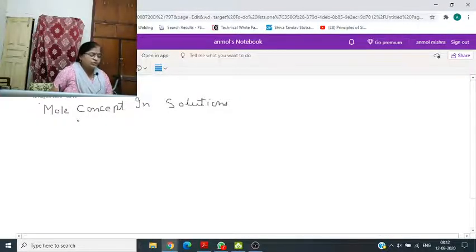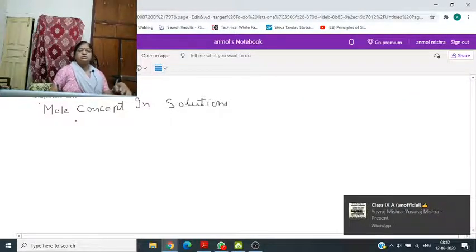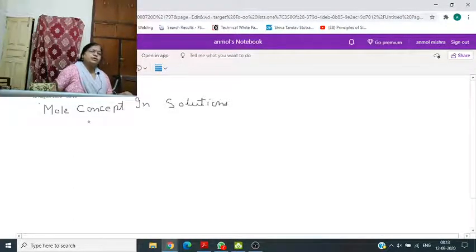Already you know, it is a homogeneous mixture of 2 or more chemicals which are non-reacting. To find out the moles in solution, we should know what are the solutes and what are the solvents present in the solution.